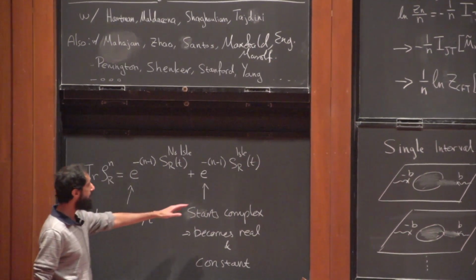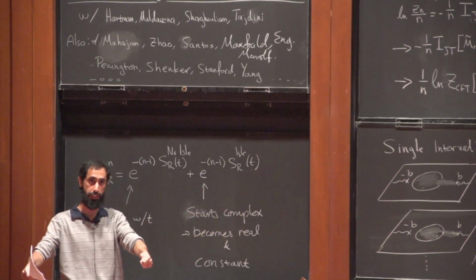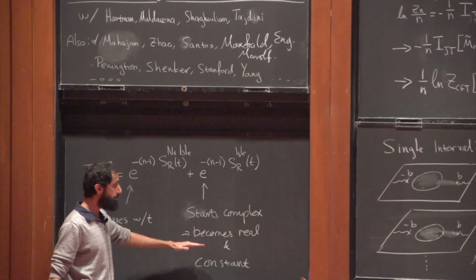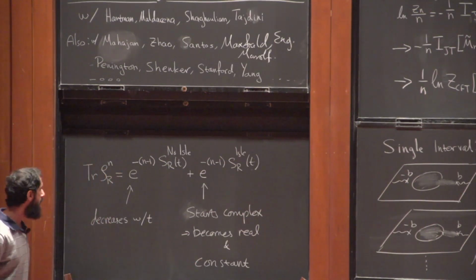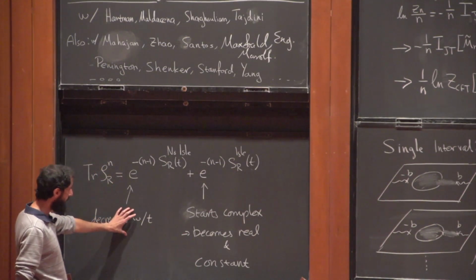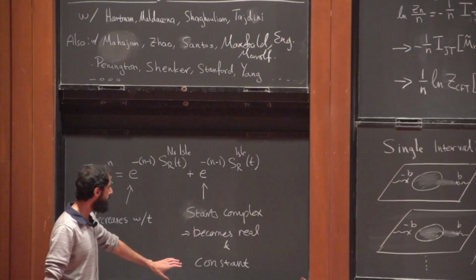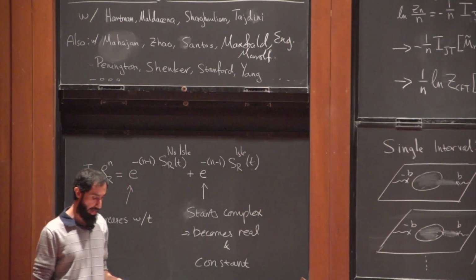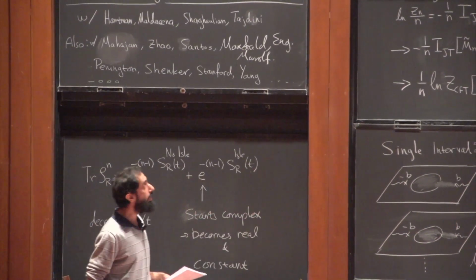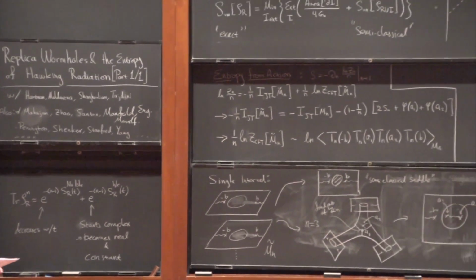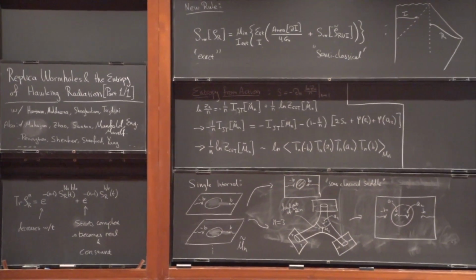Therefore, the saddle starts off complex, but as a function of time, as you evolve both of these endpoints to the future, this saddle becomes real at some point, and then is a constant. And therefore, we have an exponentially decreasing piece and a piece which is constant. And at some point, this term is going to dominate over that. And that is what gives us the minimality condition in the island formula up there. So it's this first order phase transition between these saddles.